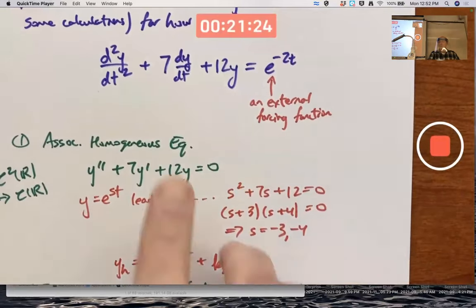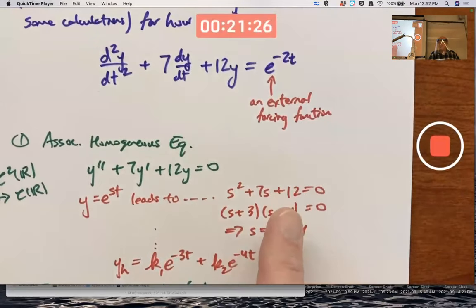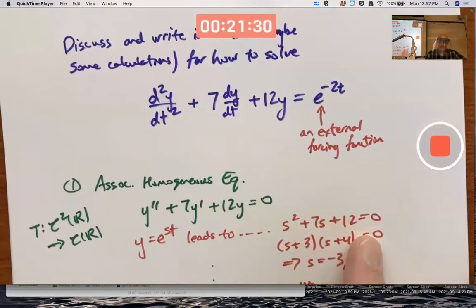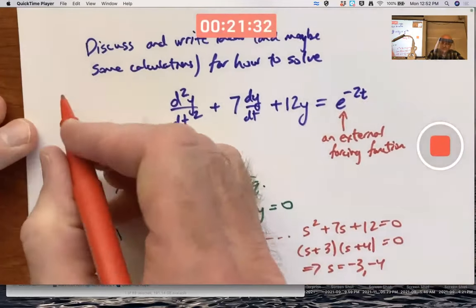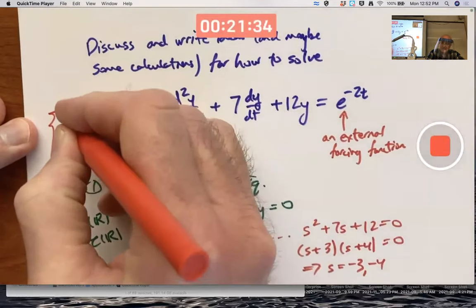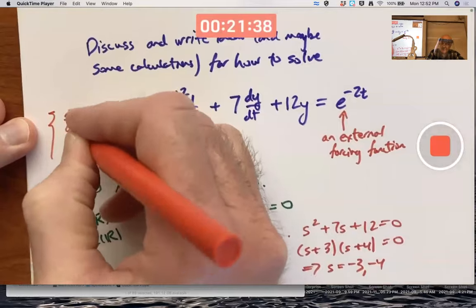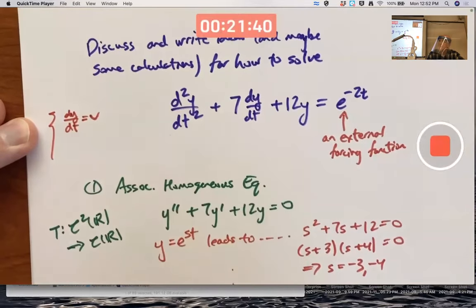You can convert this to a system. What would it be if you did? And you should be able to. It would be dy/dt equals v, that's always the same first equation, the definition of the velocity.